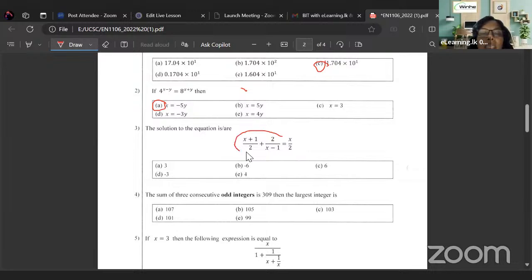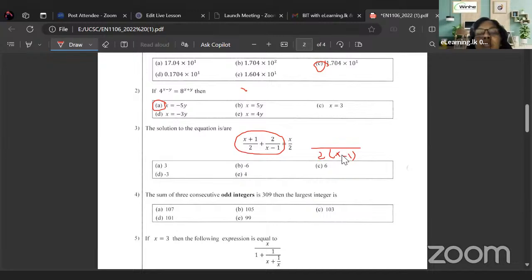One side is equal to x over 2, other side is (x plus 1) divided by 2 plus 2 divided by (x minus 1). Then find the least common multiple of the left hand side. Least common multiple is 2 into (x minus 1), right?